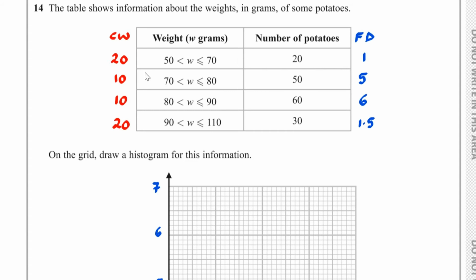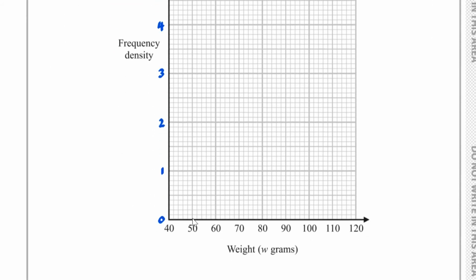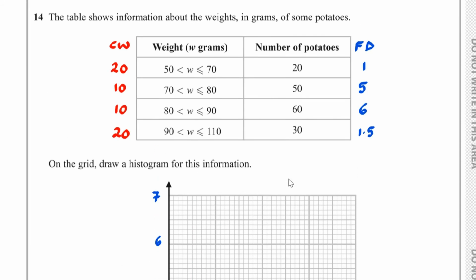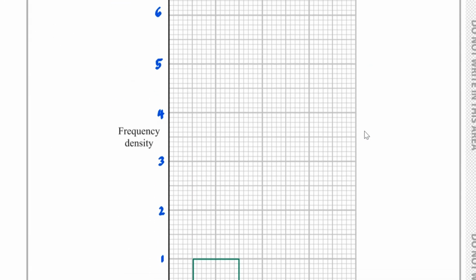So for the first one, we've got 50 to 70 with a frequency density of 1. Then from 70 to 80, we've got a frequency density of 5.